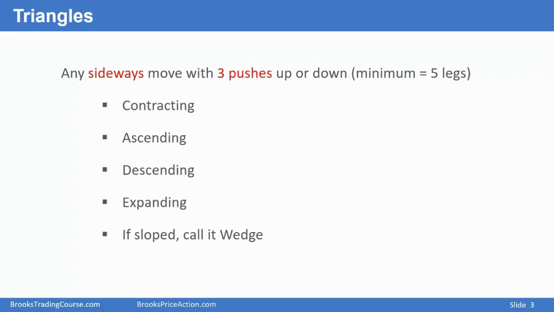It can be ascending. The top could be flat and the bottom could be rising. It can be descending. The bottom can be relatively flat and the top can be falling. It can be expanding. The legs can be getting bigger. Any triangle that's sloped somewhat up or somewhat down instead of being sideways is a wedge.